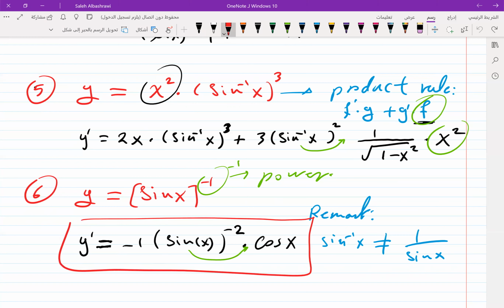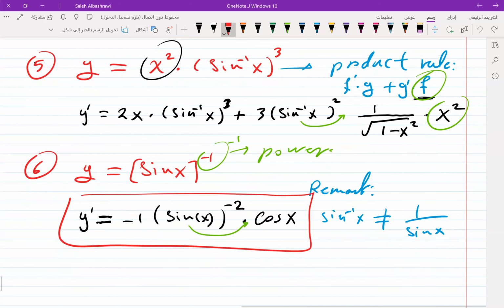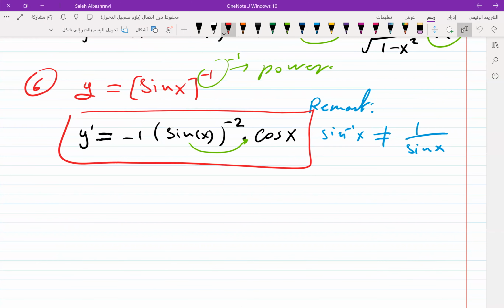We have to be careful about the notations. When it is power or when it is inverse. Sometimes you can combine between these two. Number 7, for example, if I say that the function y equal to cosine inverse x to power minus 1.